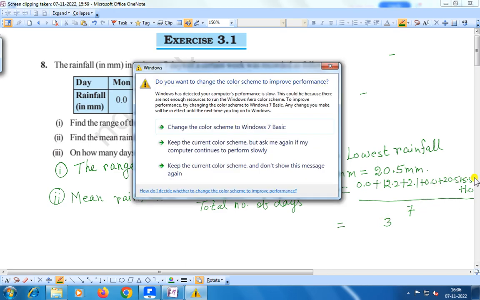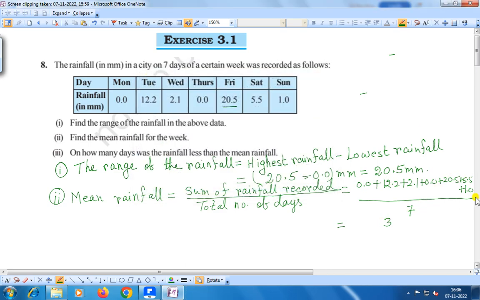Then 1 plus 1, 2, 5, 7, 8, 9, 10, 11. Carry 1. Then 2 plus 1, 3, plus 1, 4. That is 41.3.